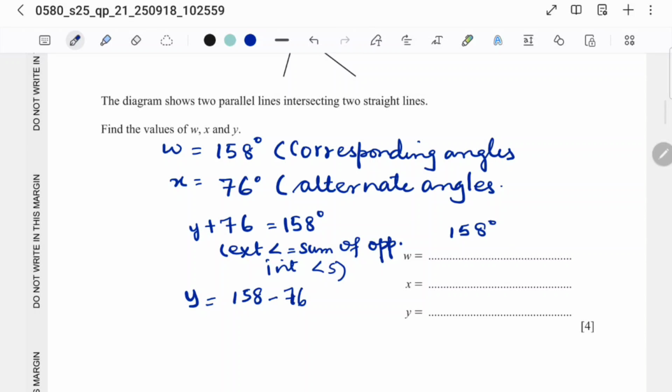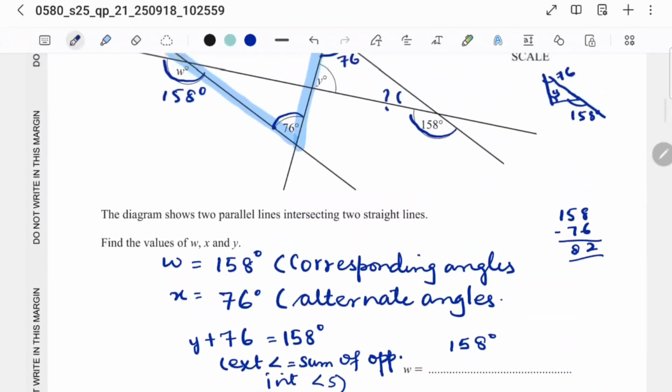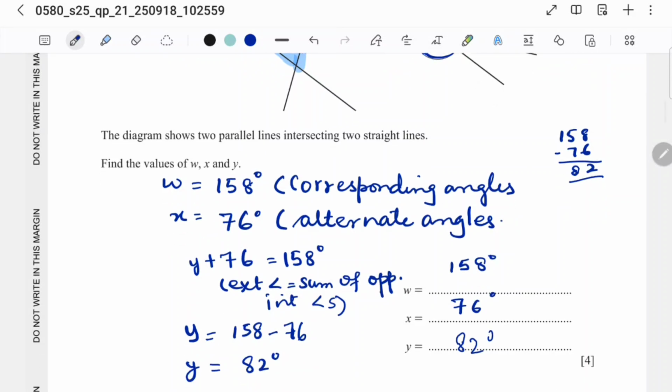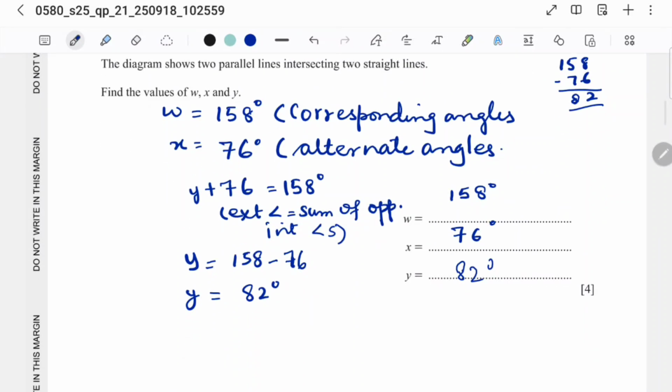So just subtract it, 158 and 76. This is 8 and 6, then you will have 15 and 7, you will have 82 degrees is the value for y. So w is equal to 158, x is equal to 76 and y is equal to 82 degrees. And this is all a 4 marks question and I've given the reasons everywhere.